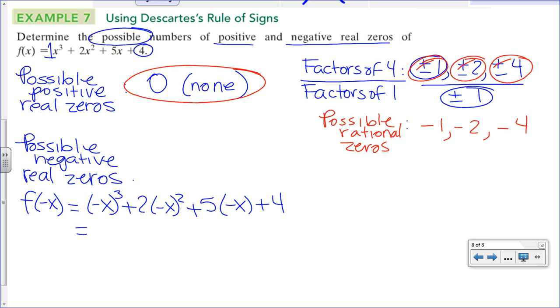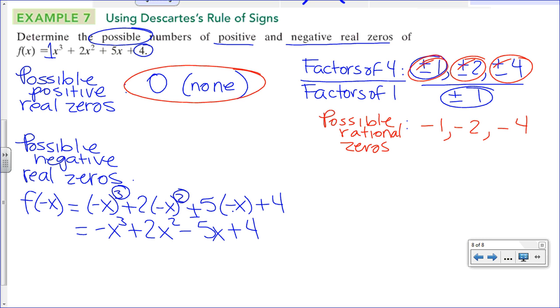So here, after reducing it, remember, odd power, so that will be negative x cubed. Even power, so that will be positive x squared, so this will be plus 2x squared. Here we have positive 5 times negative x, that will be negative 5x, and then we have a plus 4.